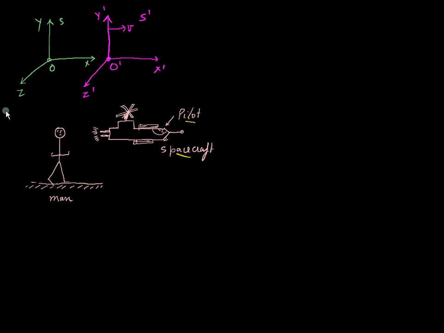I have to represent this physical situation in mathematical form, that is, in terms of the coordinate system. Here S is the frame, a reference frame for the observer O. What is that?